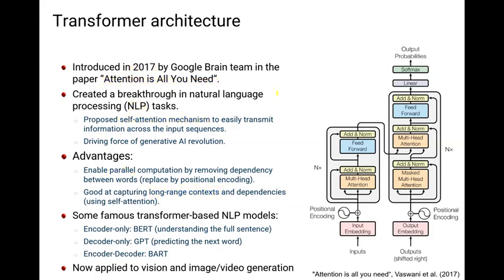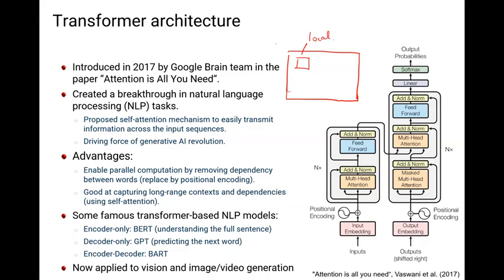In the case of an image, if you remember, in CNN we apply the convolution kernel over a region, which is more or less a local one.